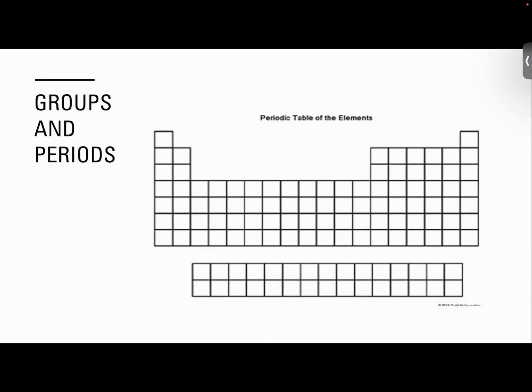The other thing that is on the periodic table are periods. Again, every eighth element, we start a new period. The periods increase 1, 2, 3, and so on. The period, as we're going to find out, is extremely important with respect to the atomic size.